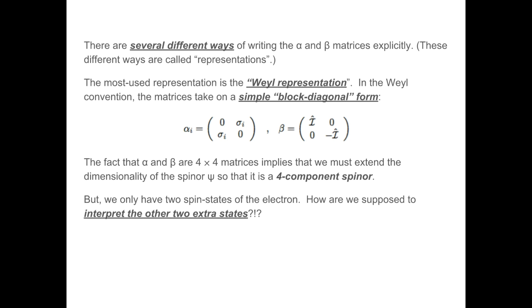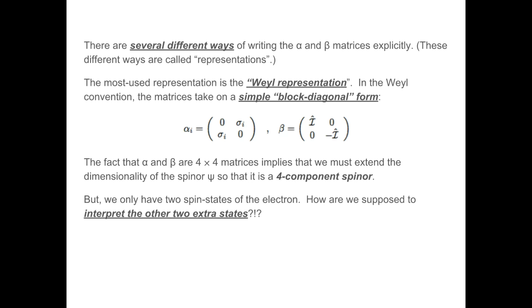So the most used representation is called the Weyl representation. And the nice thing about the Weyl representation is that you can write these guys in a block diagonal form. So a block diagonal form means that this thing, alpha i, you see that they depend on the Pauli matrices, but we know the Pauli matrices are 2 by 2. So what this really is, is a 4 by 4 matrix, but these zeros are 2 by 2 zero matrices, and these are the 2 by 2 Pauli matrices.